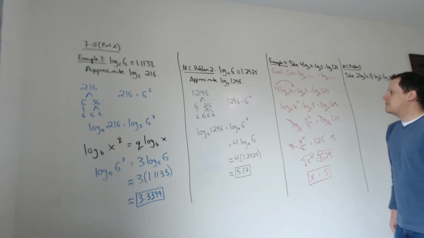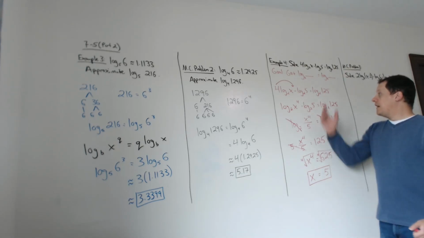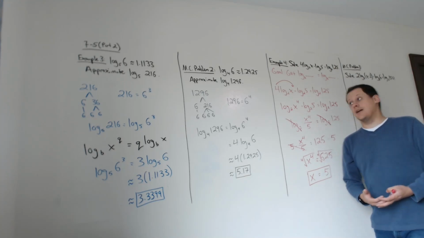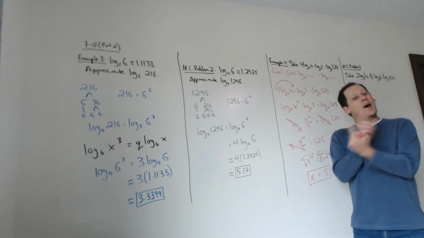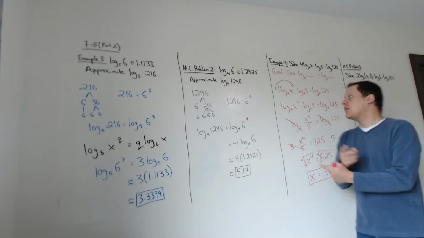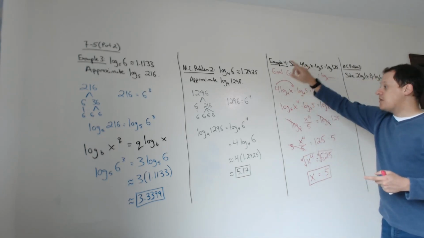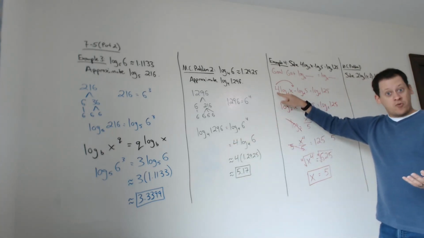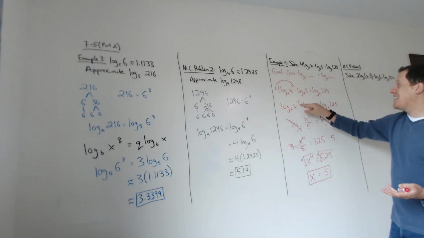All right. So for this problem, we did use a couple of our rules that we learned about in this section, but we used them in the opposite way that we're used to. Instead of taking an exponent and putting it out front like we've done here, we started with the number out front, the coefficient, and put it back into the exponent.